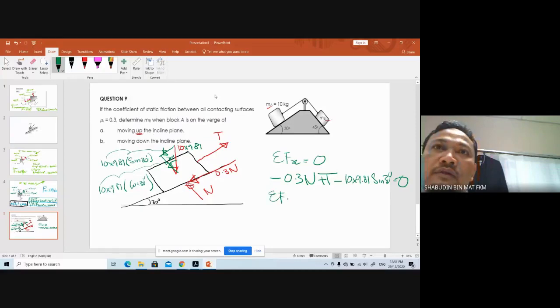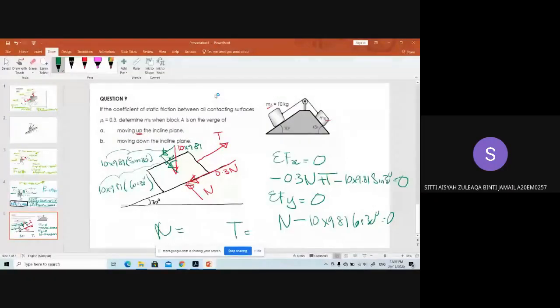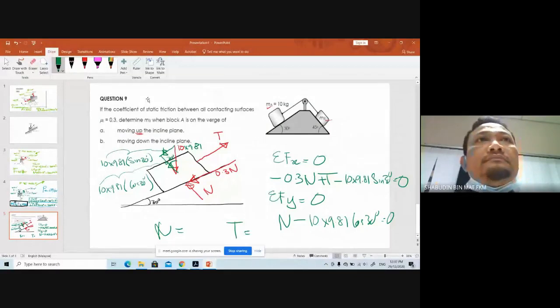Summation of forces in y equals 0. What do you have? N minus 10 times 9.81 cos 30 degrees equals 0. Then you can get N. And T is what? Tell me, what is N and T?